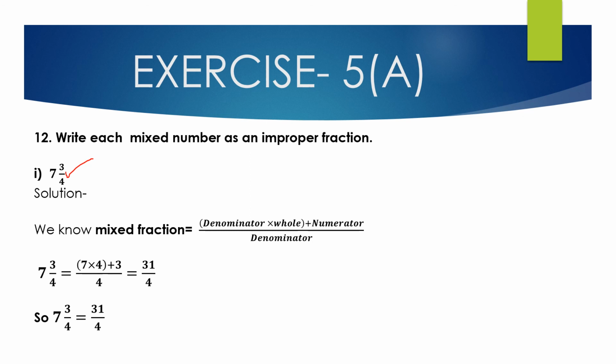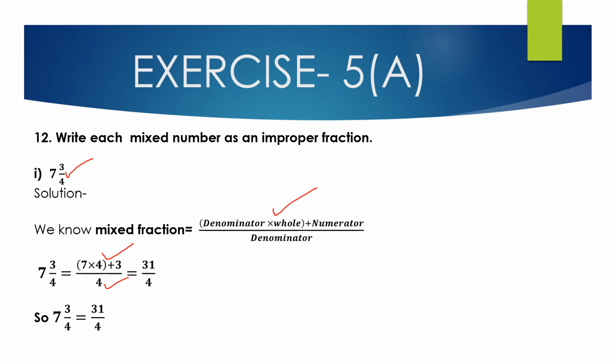We know improper fraction is equal to denominator multiplied by whole plus numerator, divided by denominator. This is the rule for finding the improper fraction. So 7, 3 divided by 4 equals denominator 4 multiplied by 7 plus numerator 3, divided by denominator 4.